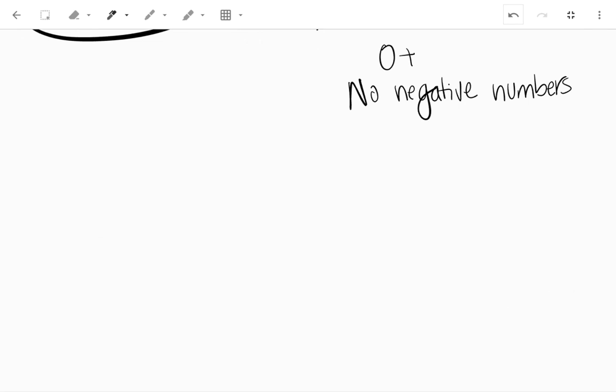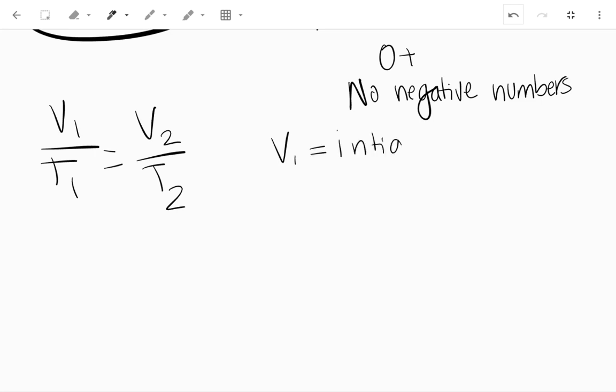So let's say I have this problem here. Again, the formula for Charles's law is V1 over T1 equals V2 over T2. Volume 1 is initial volume. T1 is initial temperature.